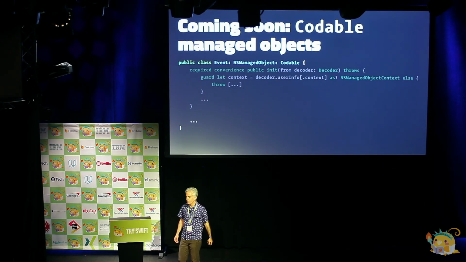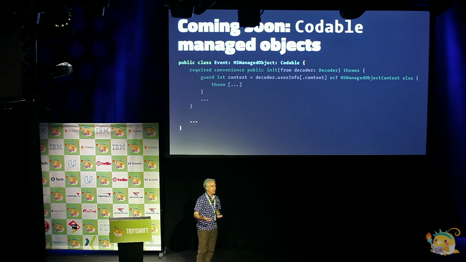And this is not in yet, but I'm working on doing this. I'd really like to have the option to have your managed objects themselves conform to Codable so that you could take incoming data, if it's JSON or whatever, and instantiate your model object directly from that. This isn't quite working yet because Codable and NSManagedObject have conflicting ideas about required initializers.